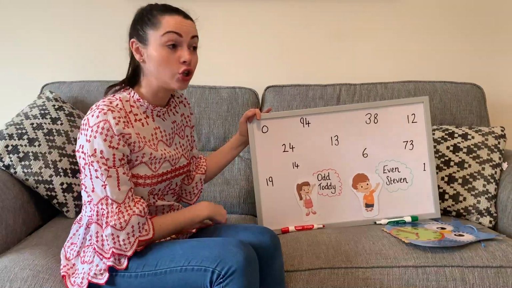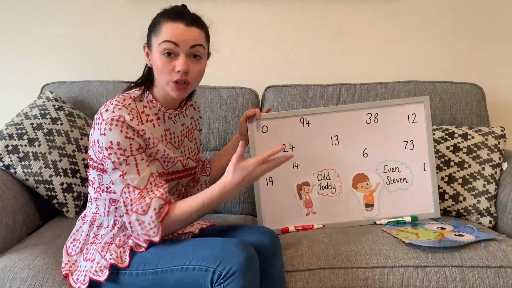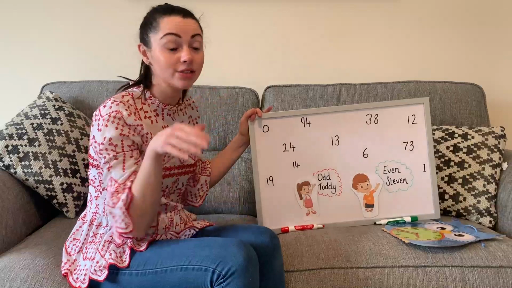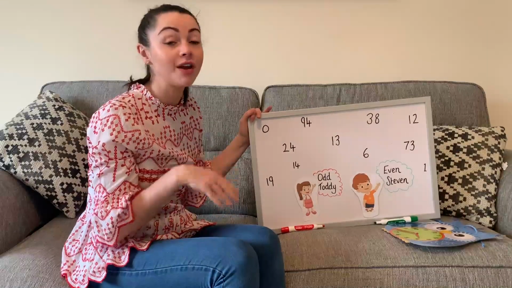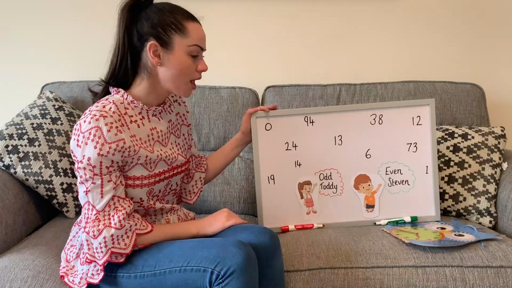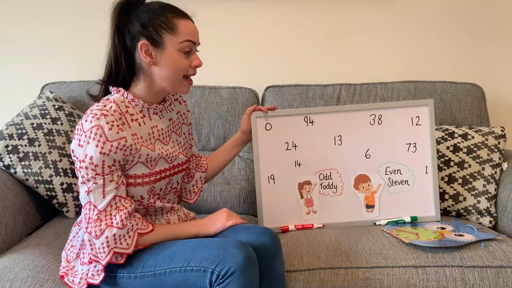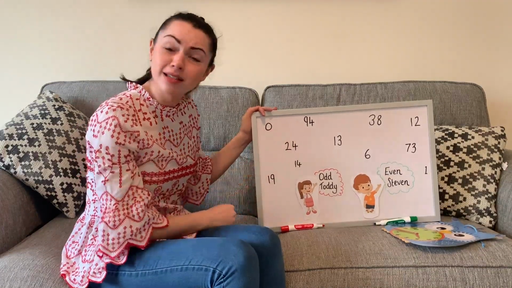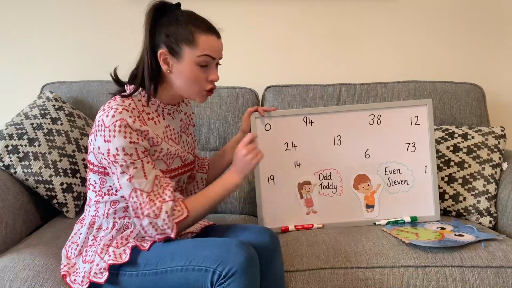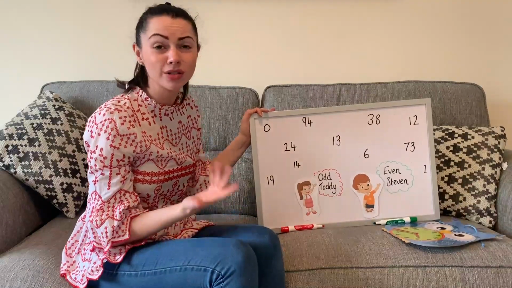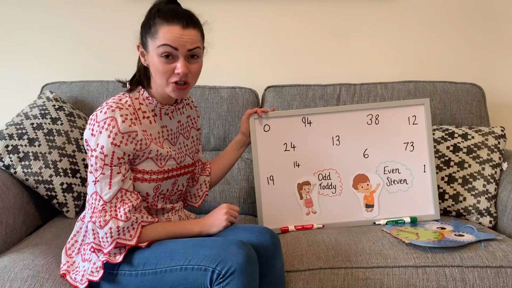So I want you to be able to read all of those numbers. So I've given you a mixture of numbers from 0 right up to 100. And we are going to see if we can actually give these numbers back to Odd Toddy and Even Stephen, because they've lost all the numbers that belong to them.